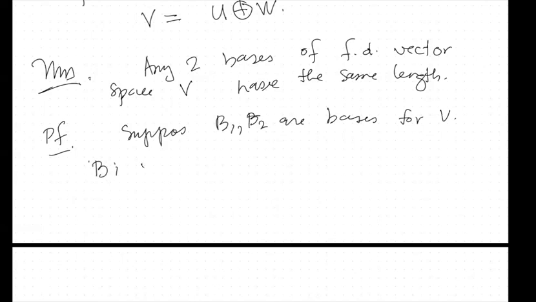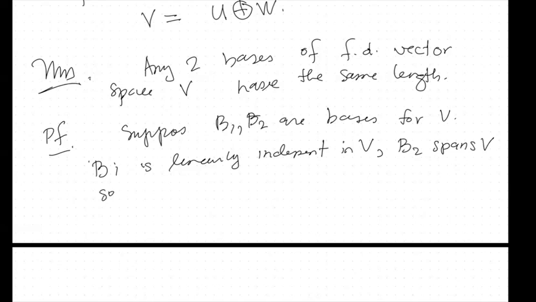B1 is linearly independent in V, and B2 spans V. So the length, cardinality of B1 is less than or equal to the cardinality of B2.